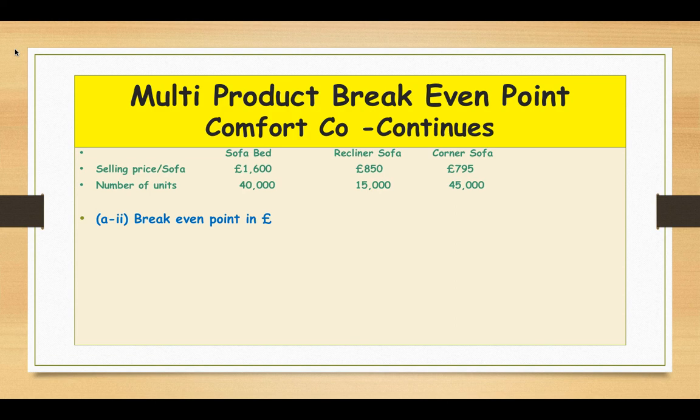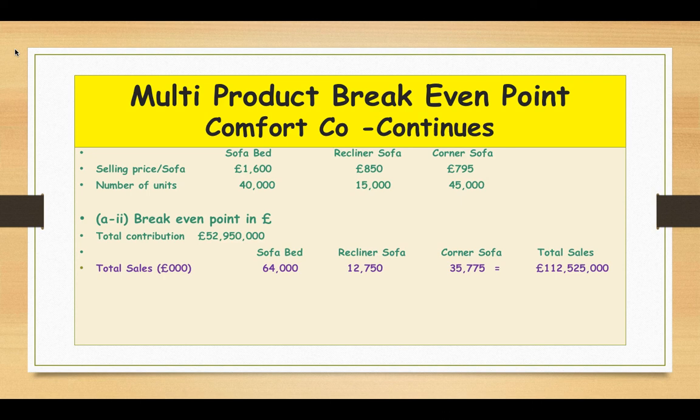So in this example, we are going to take the total contribution divided by the total sales, times it by 100, we will get the weighted average contribution to sales ratio. From the previous calculation, we know the total contribution from the 3 products is 52,950,000.